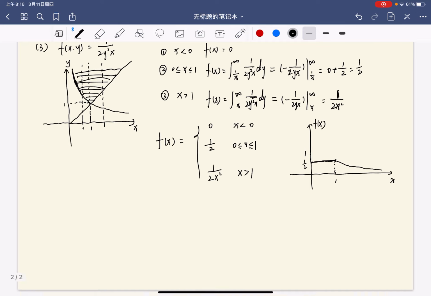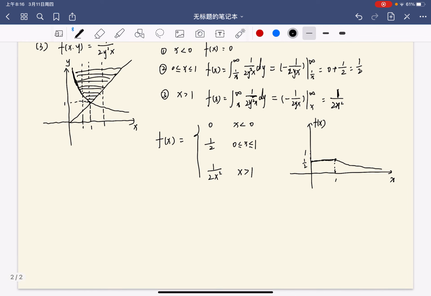This is f(x). And for y, if we draw a line, we can find the 2 points.